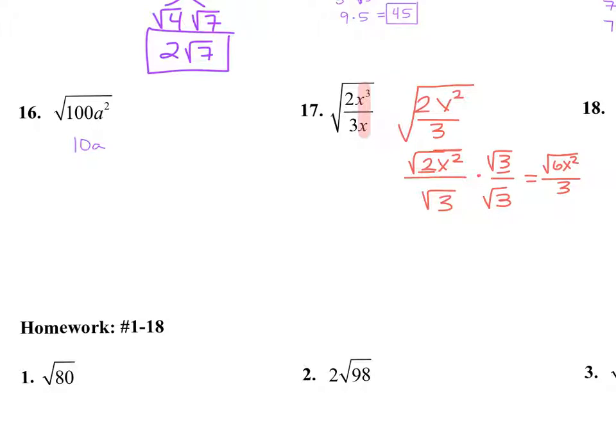What is the square root of x squared? X. So that x is going to come out of the radical because we square rooted it. So we have the square root of 6 still under the radical. We have a 3 on bottom. There's nothing there that you can simplify. So that would be your answer.